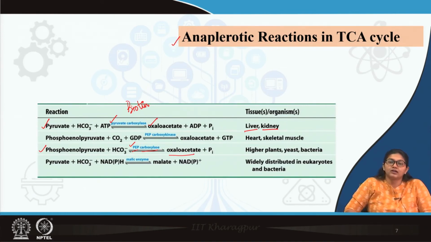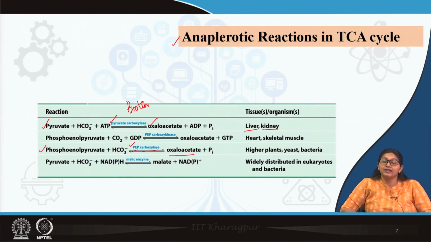Now, remember whenever the TCA cycle is slowing down and happening at a slower rate, there is accumulation of TCA cycle intermediates as well as intermediates of glycolysis. Different intermediates influence these enzymes in such a way that the piled up intermediates are used up.